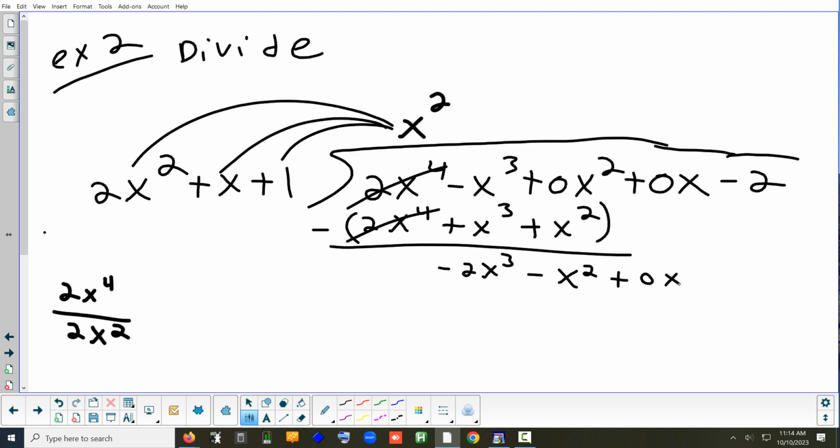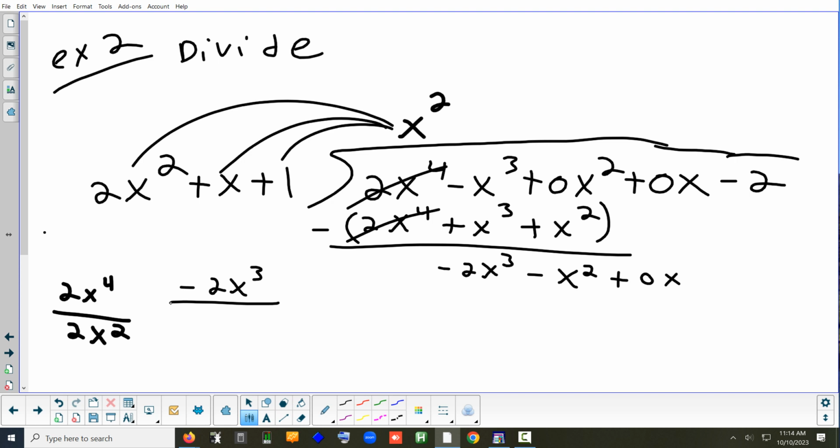Okay, Aiden, what's the next thing on the outside that I'm going to divide onto the inside? You do negative x. Okay, how did you get that? Because you divide negative 2x to the third by 2x squared. In case somebody's not sure, what did you divide that by?